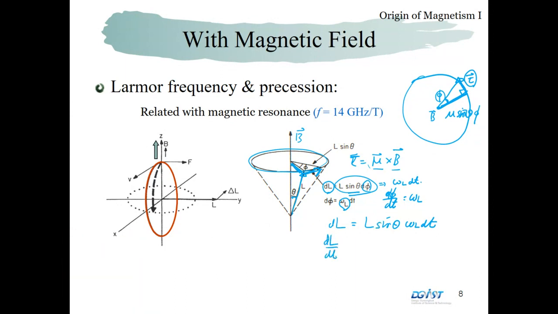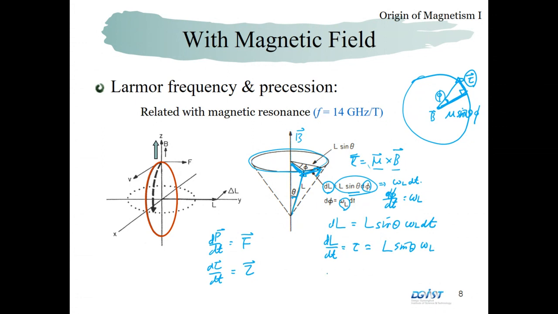And what is dL dt? dL dt is the torque of the system. If we take the time derivative of the angular momentum, we have a torque here. So that's the definition of torque. That means the torque is L sine theta omega L.